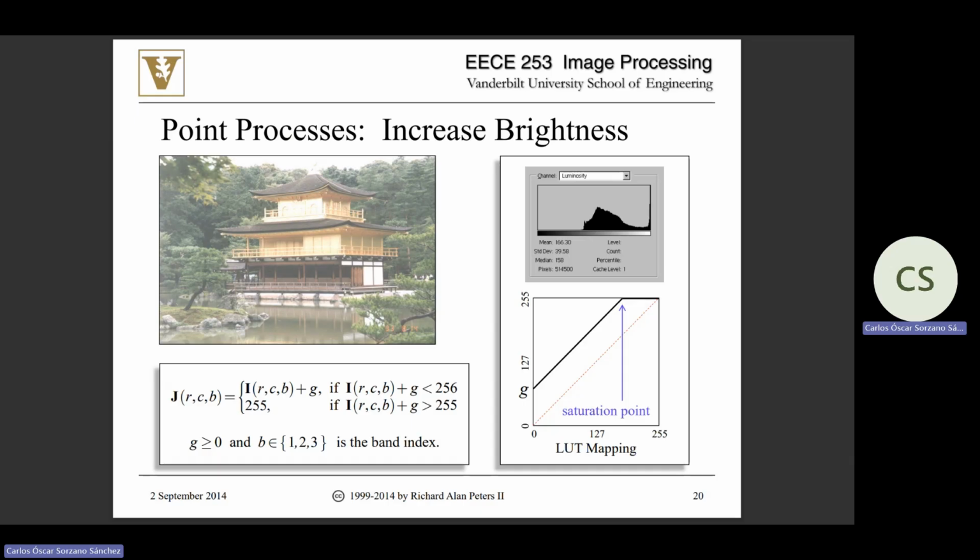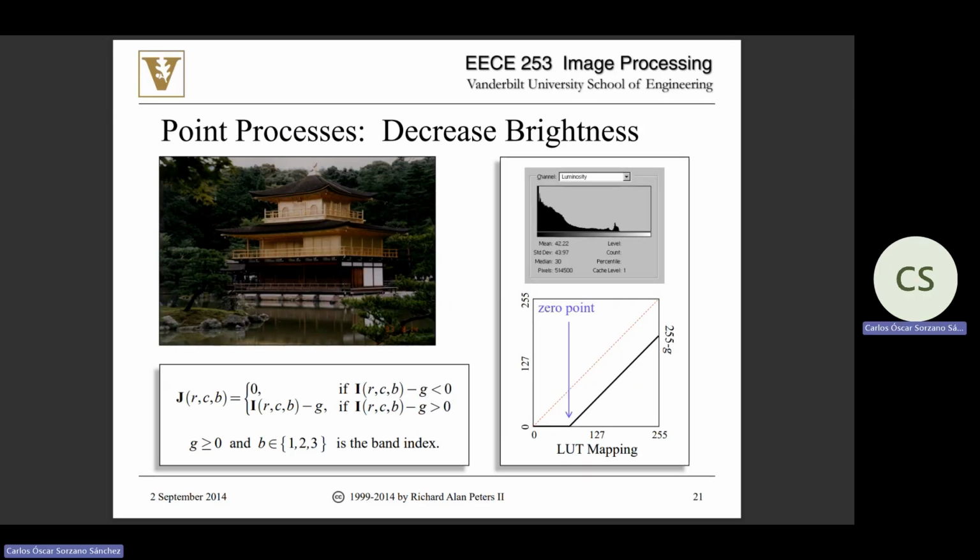So it is the image plus something. If that something is smaller than 256, or you saturate the value if it is larger than 255. Okay, and the histogram, this is the result of increasing the brightness of all channels, and we see that there is some saturation as expected from this transformation.